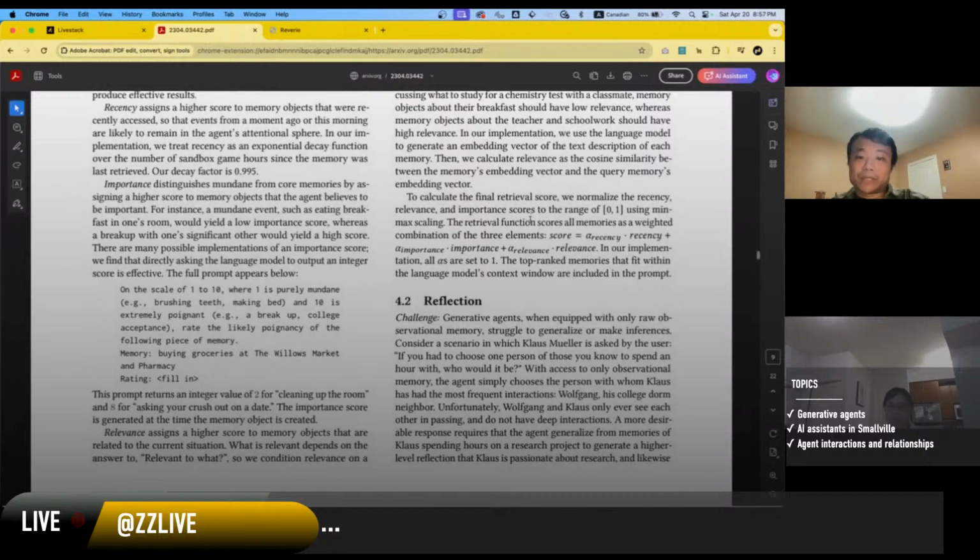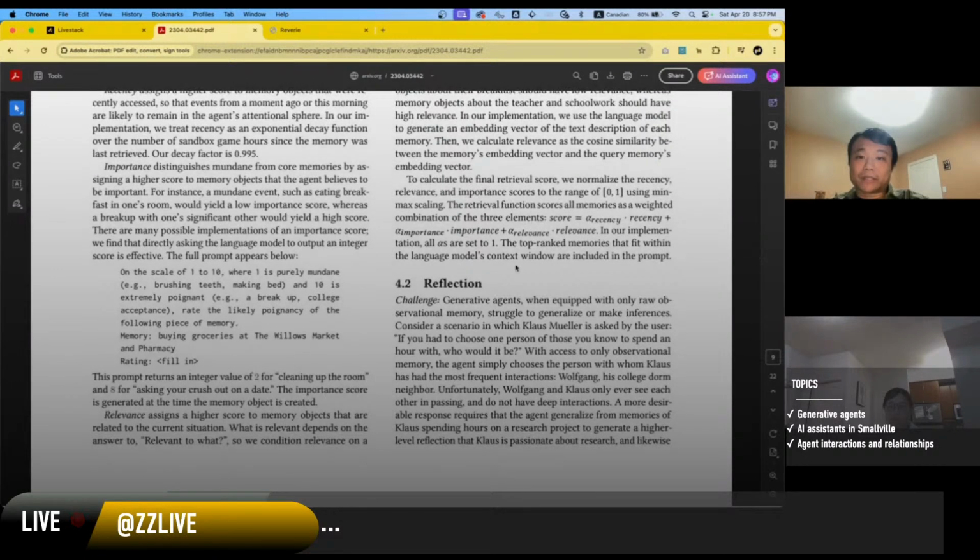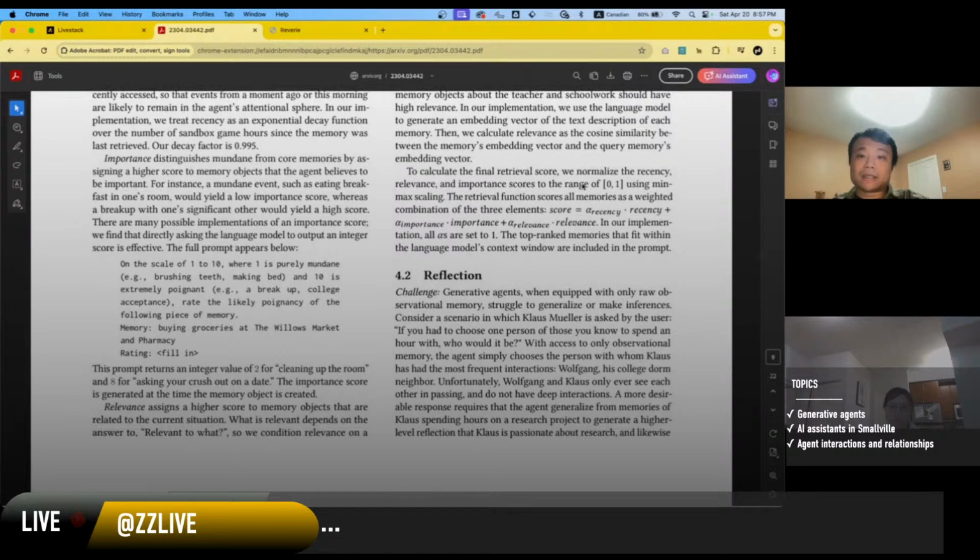We normalize recency, relevance, and importance score to the range of 0 to 1 using min-max scaling.